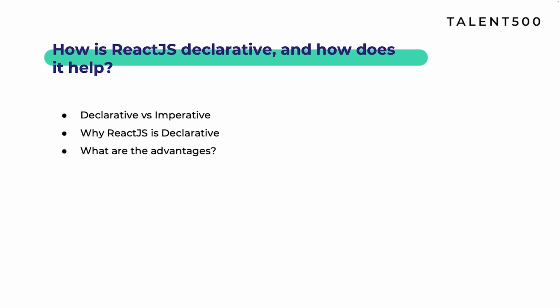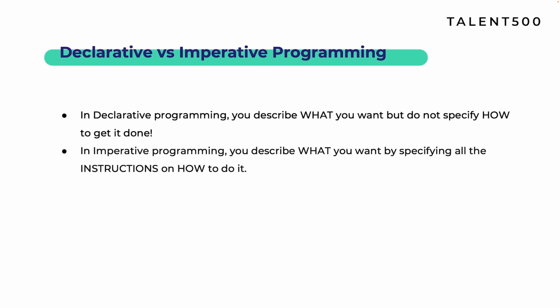While we answer this question, we have to understand a few aspects. The first is the difference between declarative versus imperative. Then we'll understand why ReactJS is declarative and what the advantages are, and we'll learn it through code examples. But first, let us find out the difference between declarative and imperative programming.